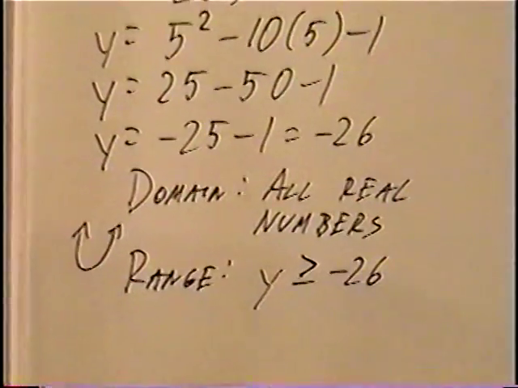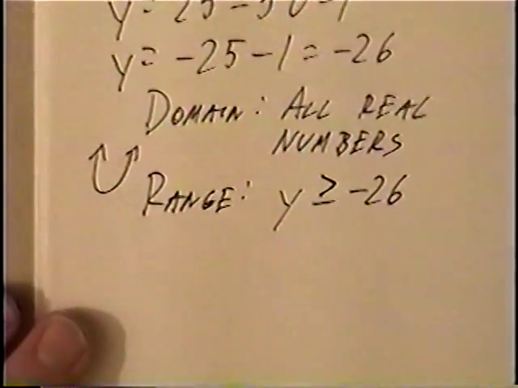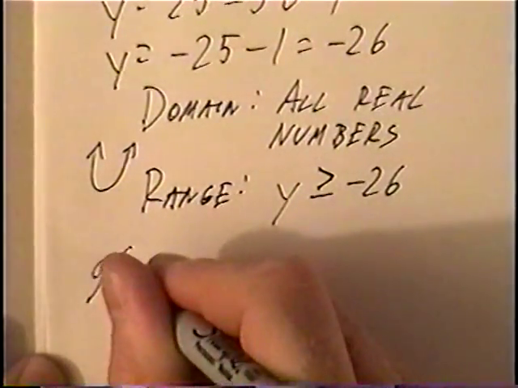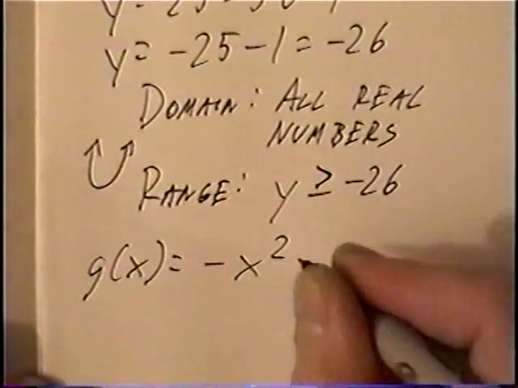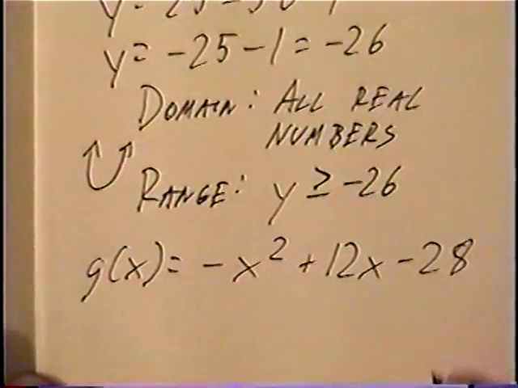And the last question, second question for this section. Equation is g of x equals negative x squared plus 12x minus 28.